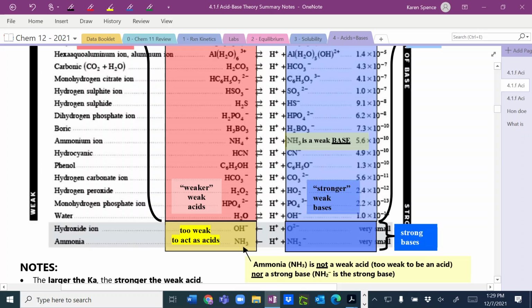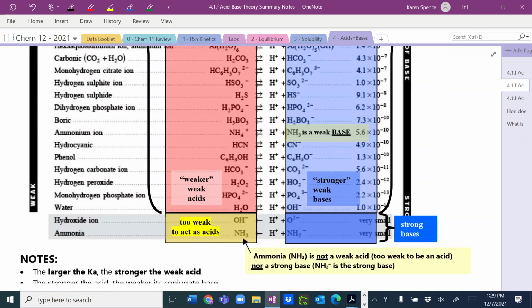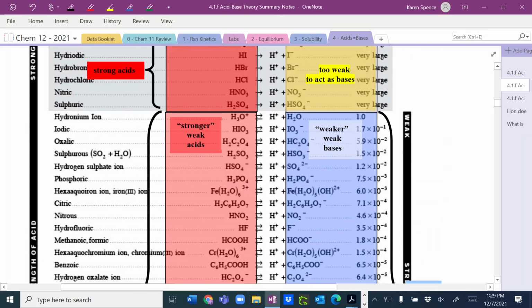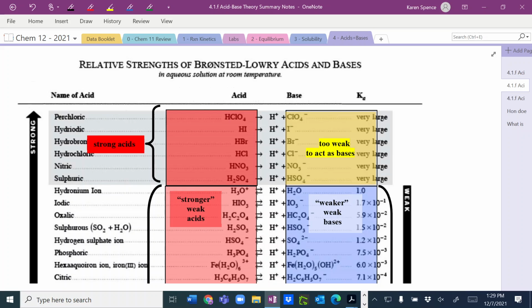Red. And all of my bases are in blue. So on which side do we find the acids? On the left-hand side, and look, it's labeled acid. And on the base side, it's labeled base.